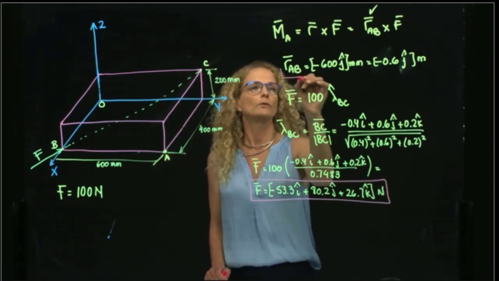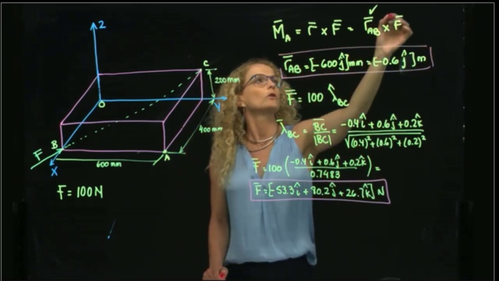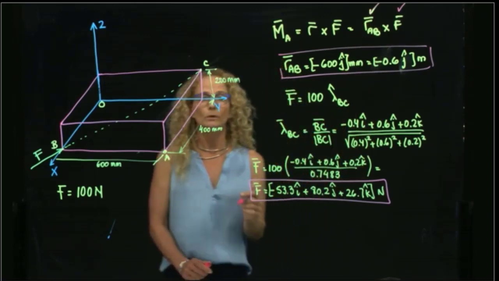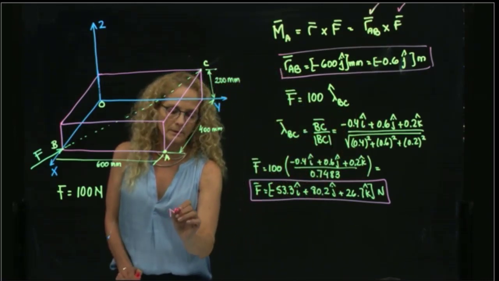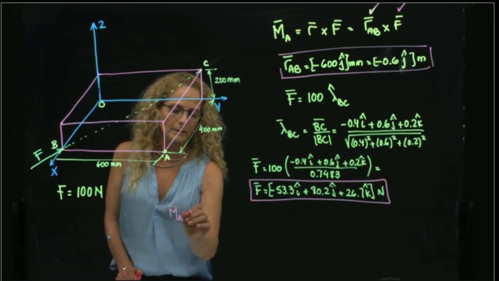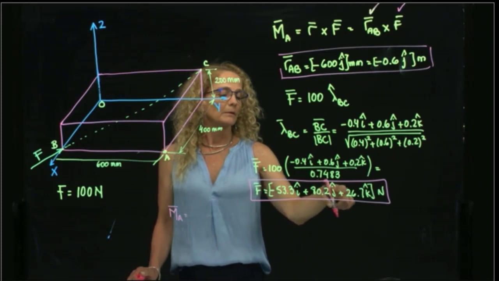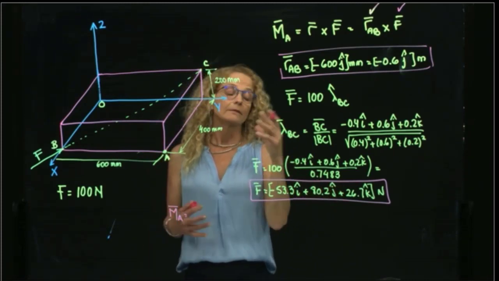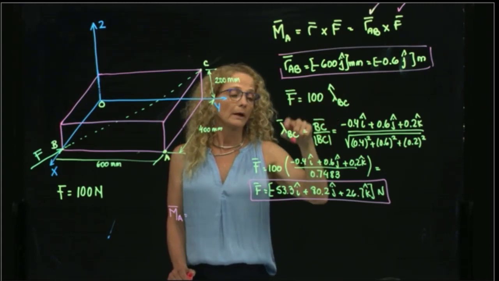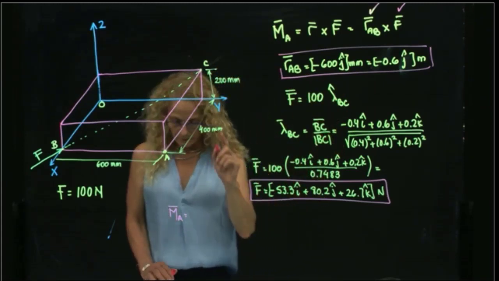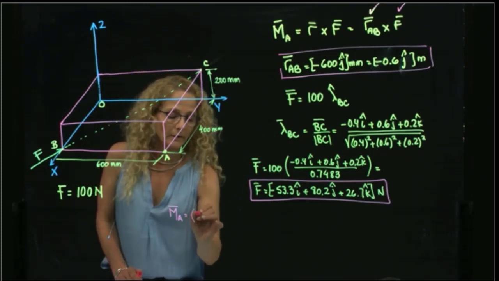So we were able to find R and we were able to find F. We have both components that we need to calculate our moment. The moment with respect to point A will be equal to negative 0.6 j times cross negative 53.3 i plus 80.2 j plus 26.7 k. I could do it as a matrix, or just as a distributed multiplication, and you do it as you feel more comfortable.